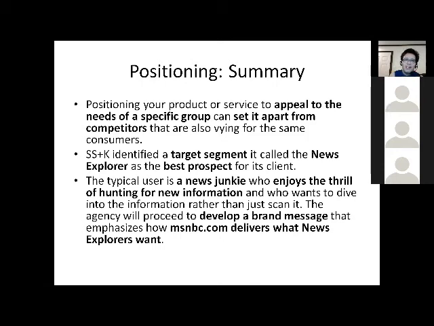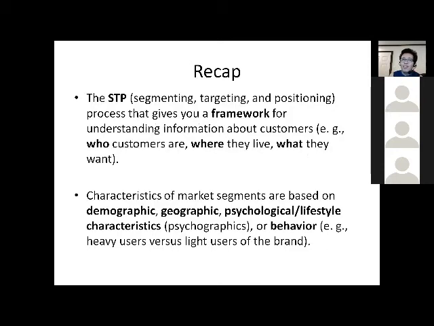Okay, and let's recap everything else that we've talked about so far. So we mentioned the STP process, segmenting, targeting, and positioning. It's the framework that the ad agency uses to understand information about the customers, the who, the where, and the what. Who are the customers?